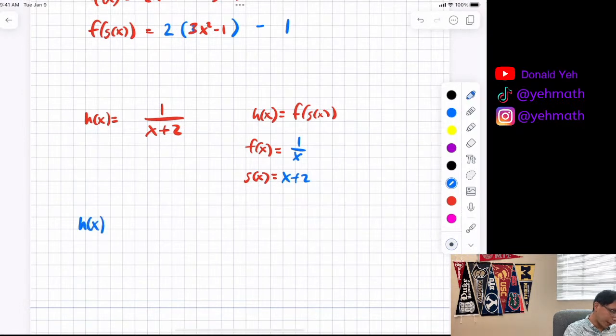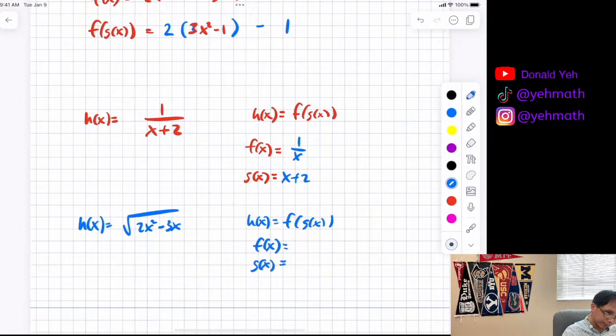What if h of x is equal to the square root of 2x squared minus 3x, and h of x equals f of g of x? Can you tell me what is f of x and what is g of x? Kaiwan? What do you think, Kaiwan?